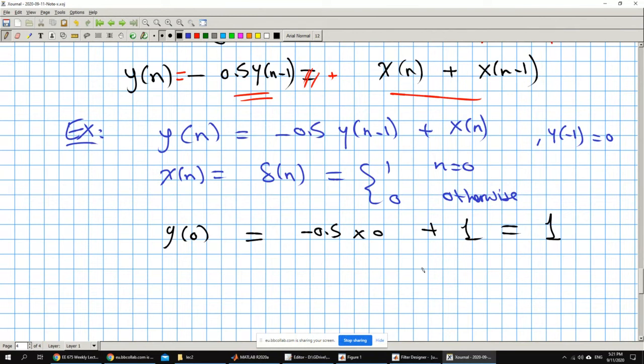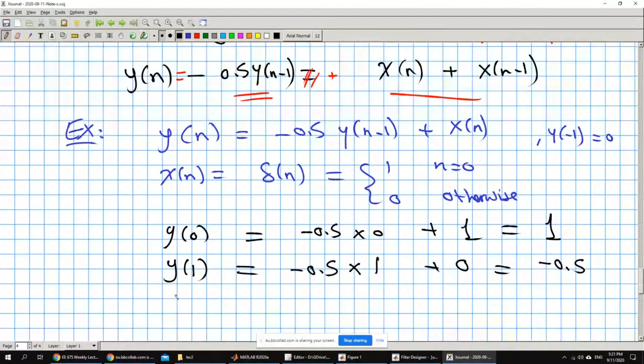But let's see here what's happening. What's going to happen? Y of 1 is equal to what? Minus 0.5 times y of 0. Y of 0 is equal to 1. And plus 0, right? So basically, this will be equal to 0.5.